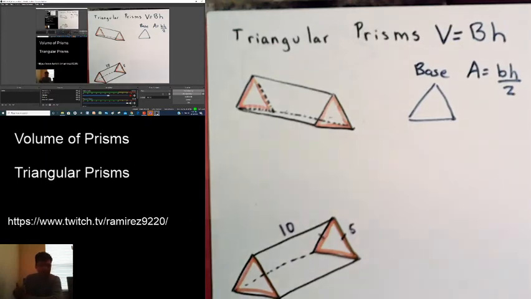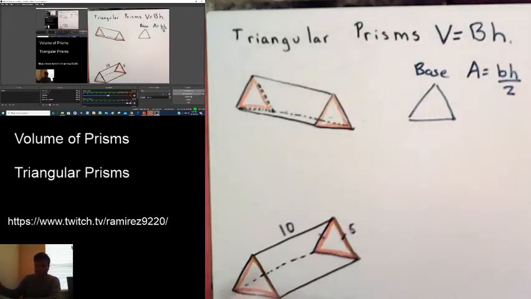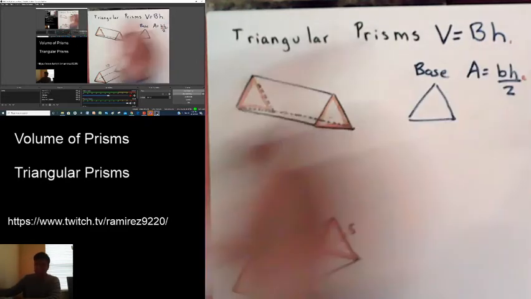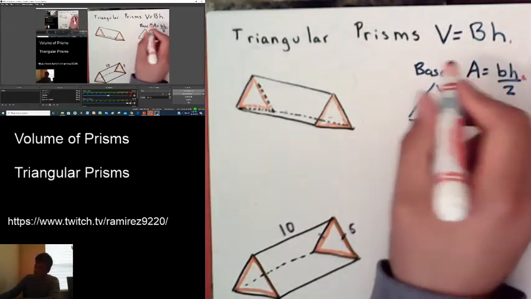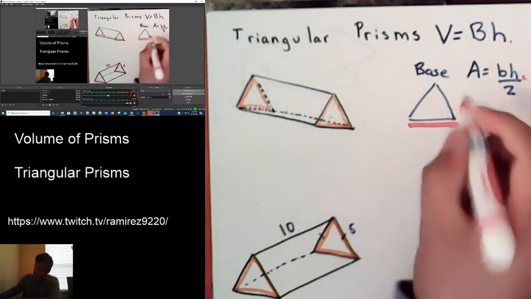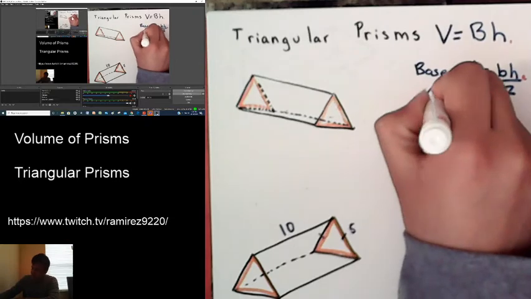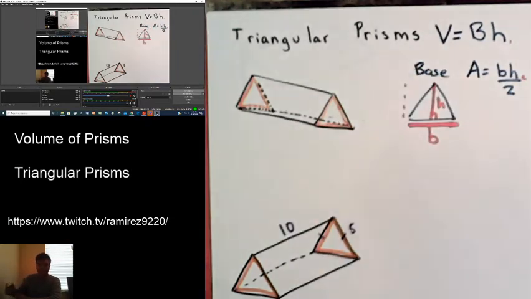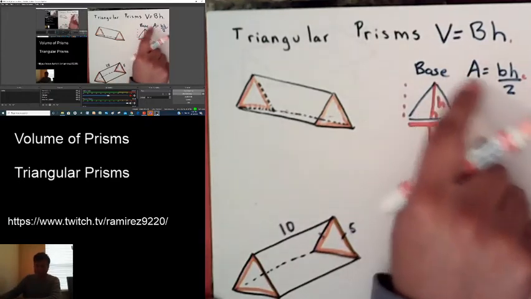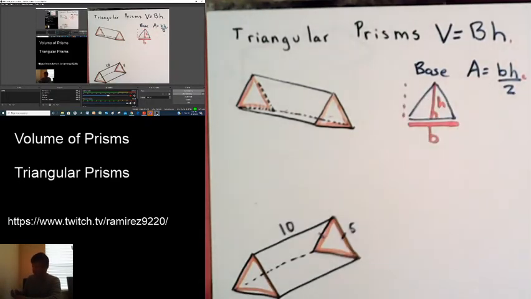If you want to use subscripts, H1, H2, or things like that to help you differentiate, go for it. In your base is where you're going to find your base and your height, sometimes inside, sometimes on the outside. But the whole point is the base and height, when you're looking for the area of the base, will be on the actual figure of your base.